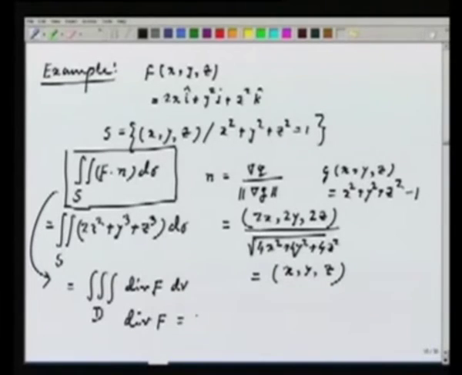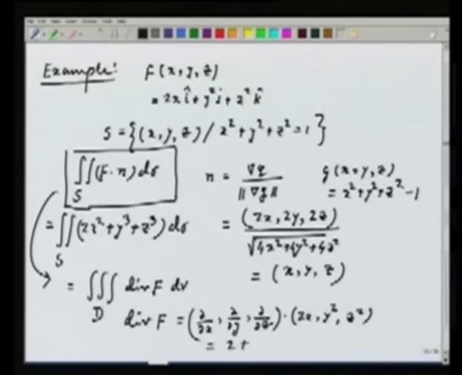That is grad dot f. This is del del x, del del y, del del z dot the function 2x, y squared, z squared. This then turns out to be 2 plus 2y plus 2z.